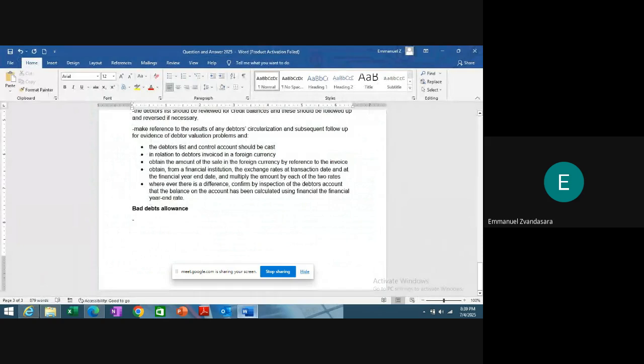So here, what are we going to do? Inquiry should be made of the methods and procedures adopted by management to estimate the allowance for bad debts.